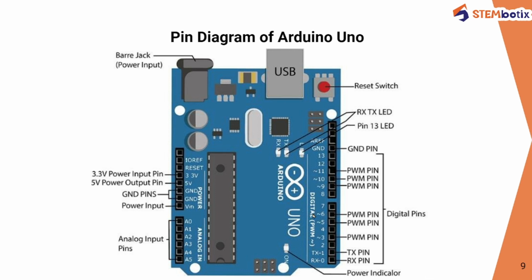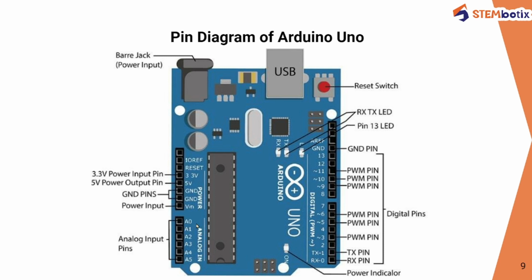So this is the pin diagram of Arduino Uno, and these are the different components. First one is the barrel jack, which is for input. After that it has a 3.3 volt pin, 5 volt pin, 2 ground pins, 1 voltage in pin. After that it has analog pins.